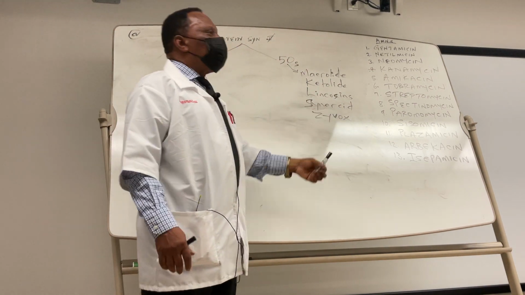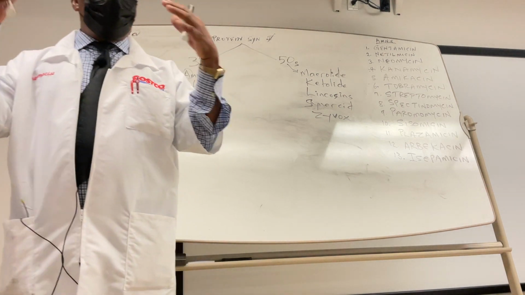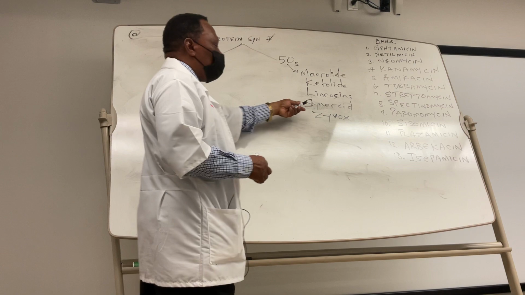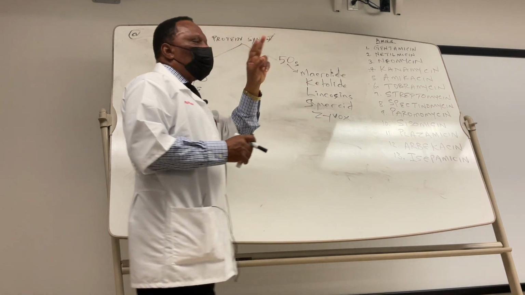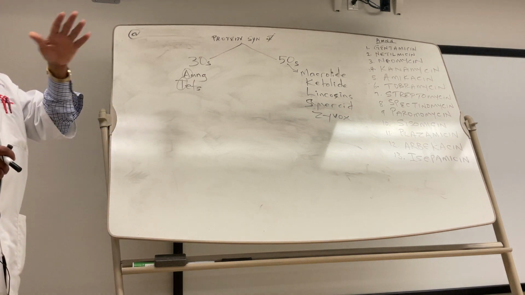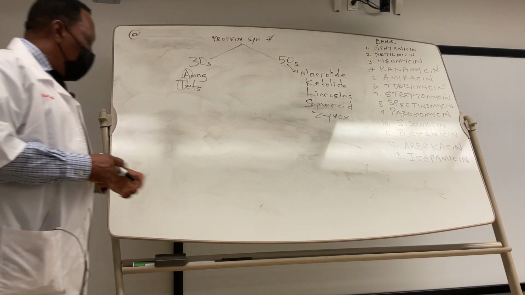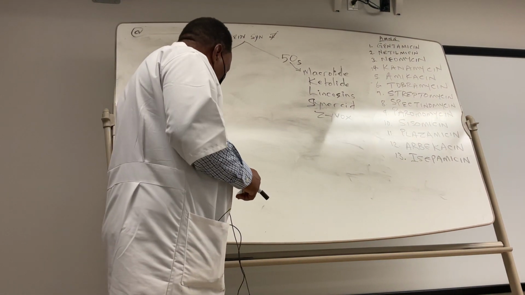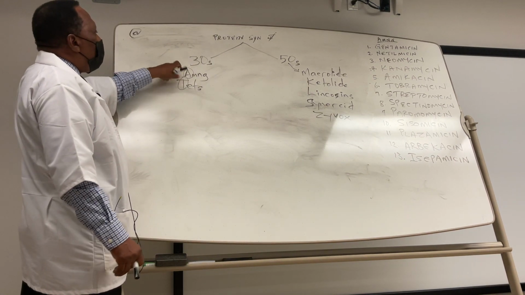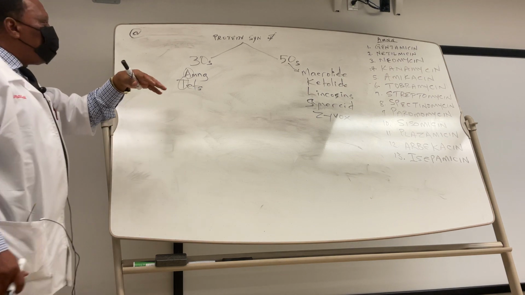Synercid comes under streptogramins. That will be the class, but as we see, Synercid has 2 streptogramins in it. So when we discuss the streptogramins, we'll mention those. Okay, so that's one way of classifying them.